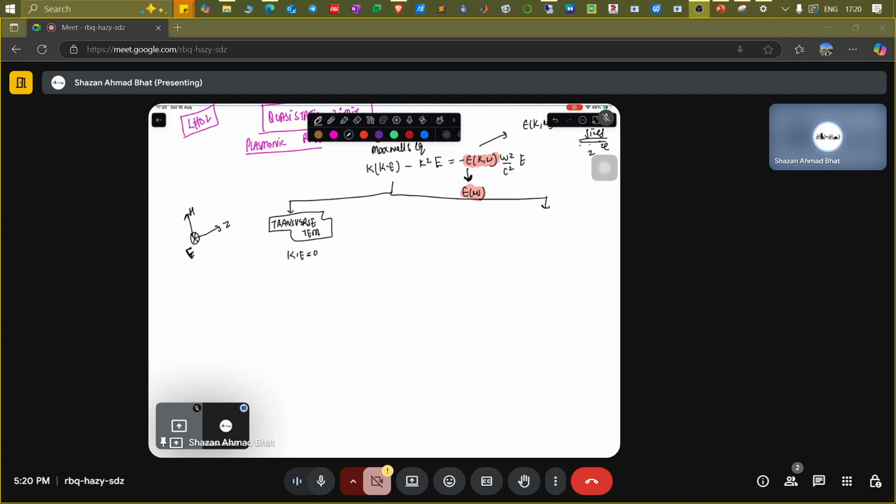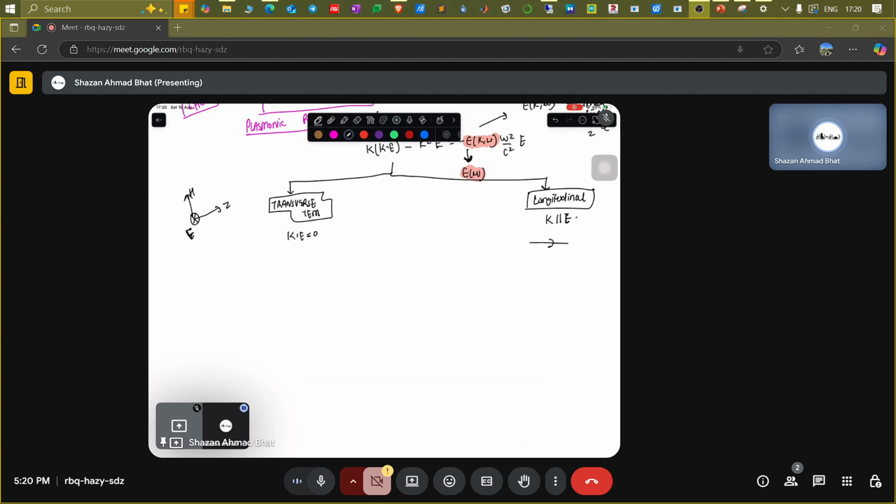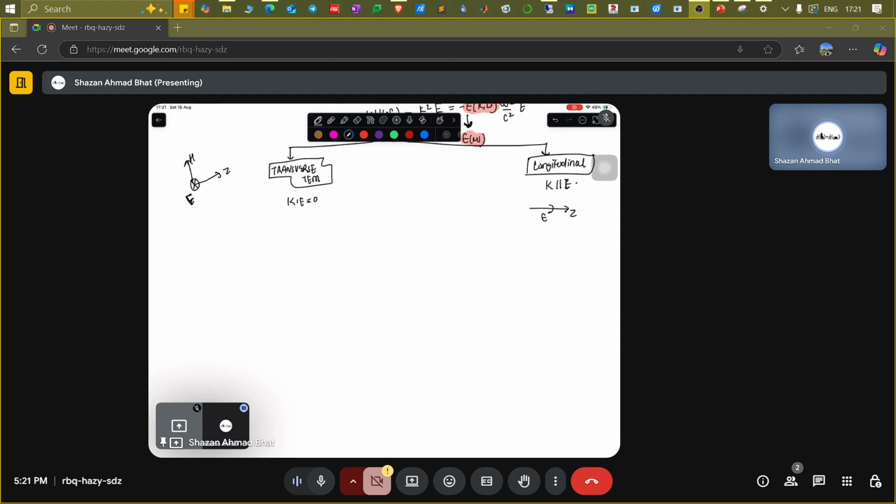Let's say this is the H field, then this is how it looks. And then there is another scenario, the longitudinal wave, where the k vector is parallel to E. If this is E, then this is going to be Z. This is almost like a longitudinal electromagnetic wave.